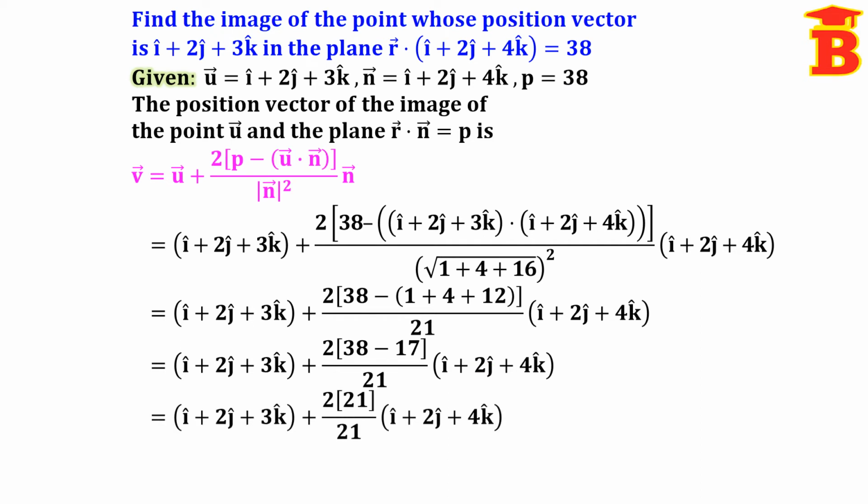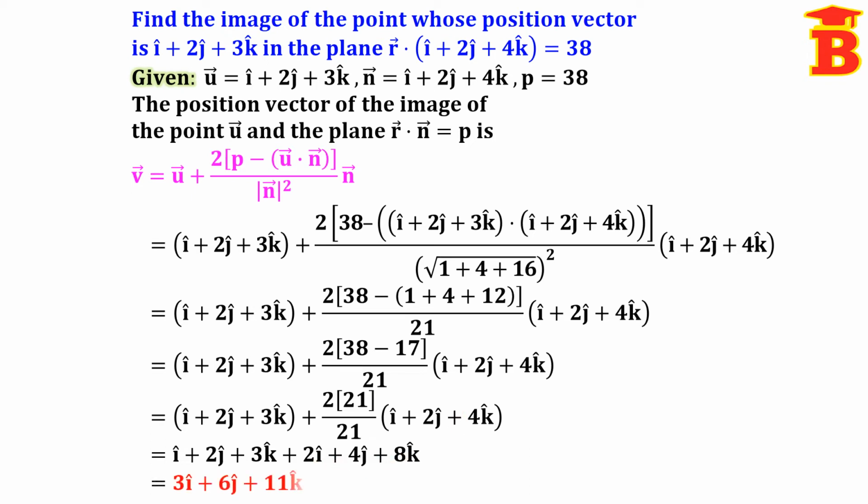So that is equal to i plus 2j plus 3k plus 2 into 38 minus 17 is 21 divided by 21 into i plus 2j plus 4k. Here we can cancel 21. So this is equal to i plus 2j plus 3k plus, 21 is cancelled, this 2 multiply inside the bracket, that is 2i plus 2 into 2 is 4j plus 2 into 4 is 8k.